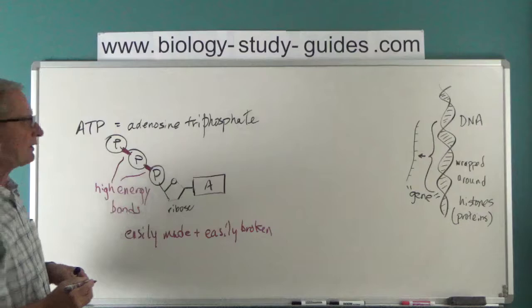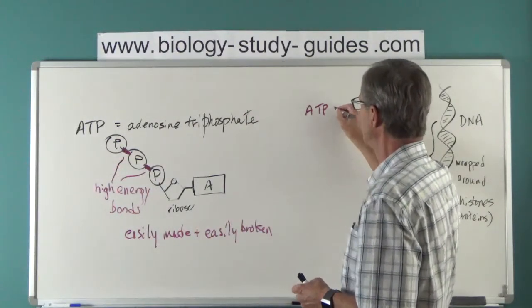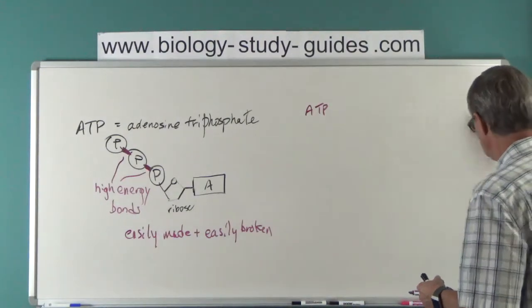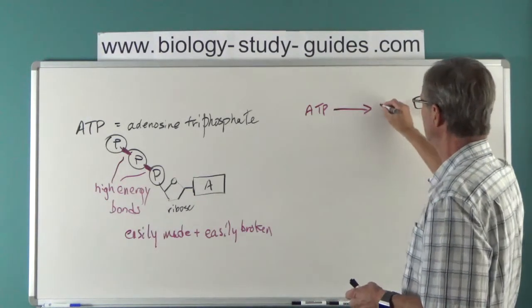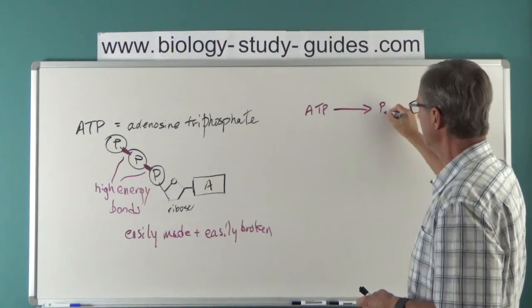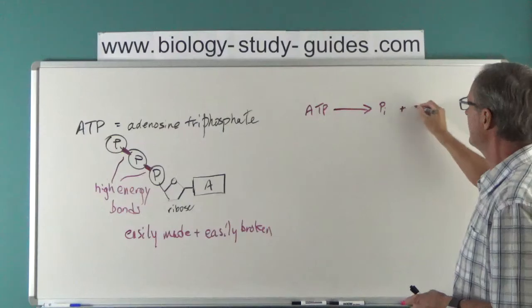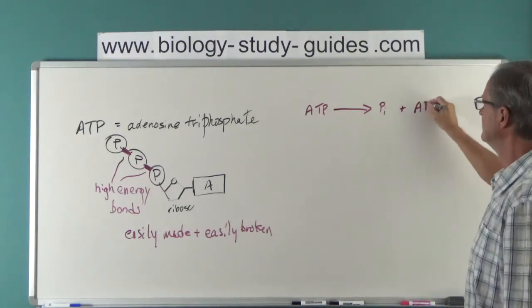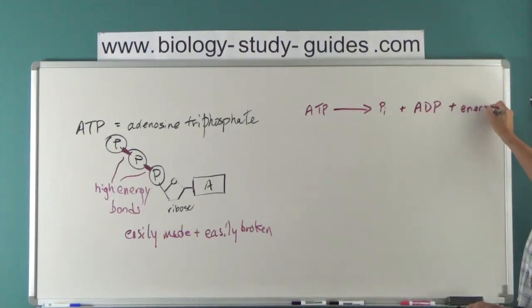The reason that's important is because of this. If we take ATP and your cell needs some energy, it will release a phosphate. Oftentimes we represent these as inorganic phosphates because it's an inorganic component, and we're left not with ATP but with ADP. And we get a whole bunch of energy released so cells can use it.